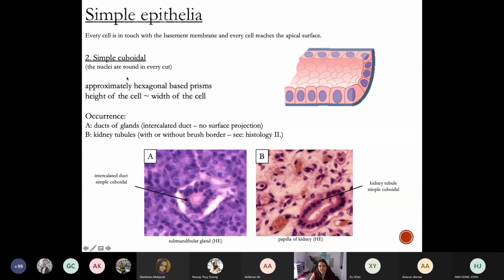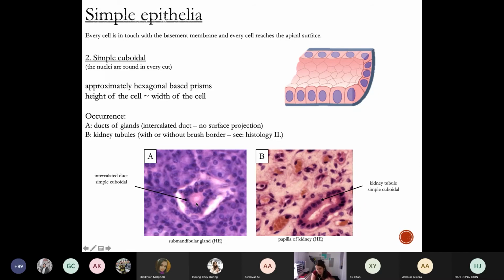Thank you. You're welcome. Simple cuboidal epithelium could be found in the body either with no surface projection on top of the cells or with brush borders. So the cuboidal cells can have small microvilli on their top, or there could be simple cuboidal epithelial cells which don't have any surface projections on the top.